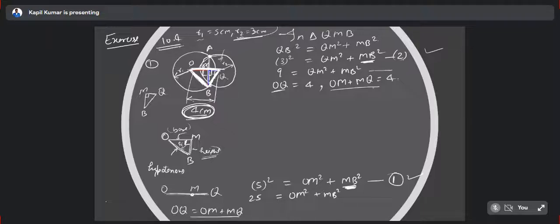This is one equation, this is another equation, and this is another equation, and we need to find the value of MB. What we can do from here is, in place of this QM or OM, I can put the value from this equation. How? It means that OM is equal to 4 minus MQ.